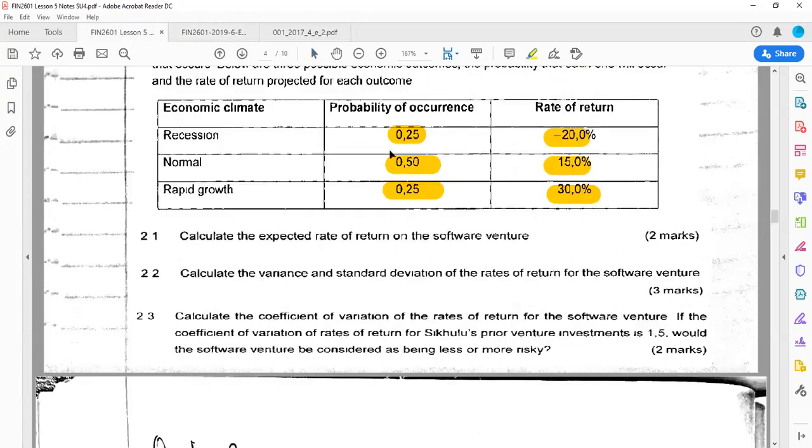They gave you the probabilities as decimals and the returns as percentages. But let's say both of these were percentages. It's advisable to always change your probabilities to decimals. If they were given as percentages, you would just divide each of them by 100 to change them into decimals. That will make the calculation easier for you.